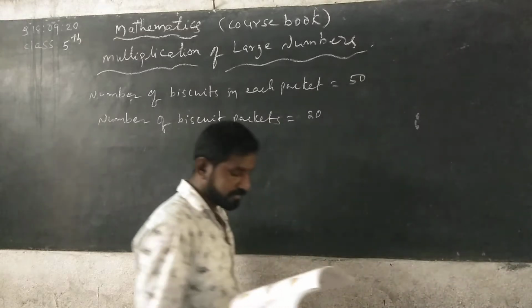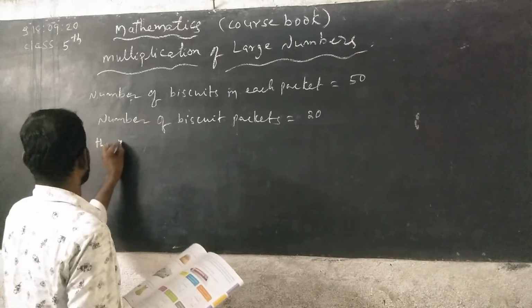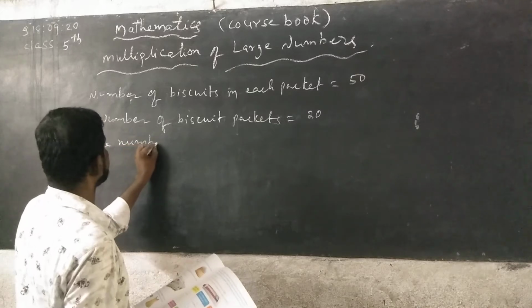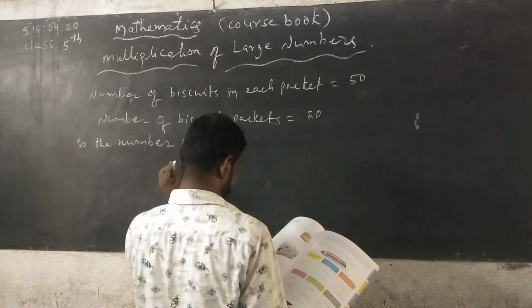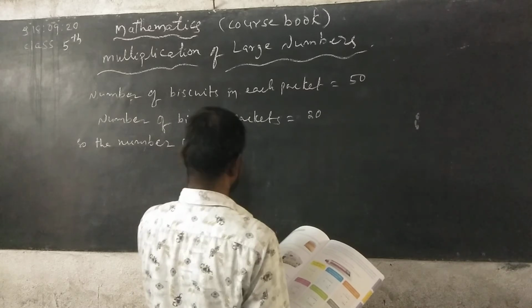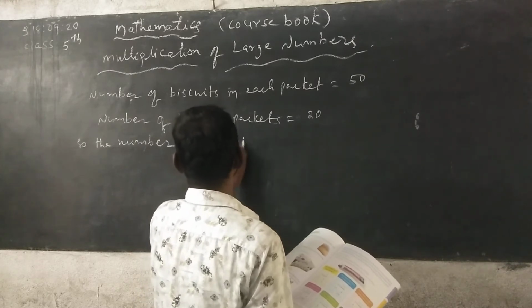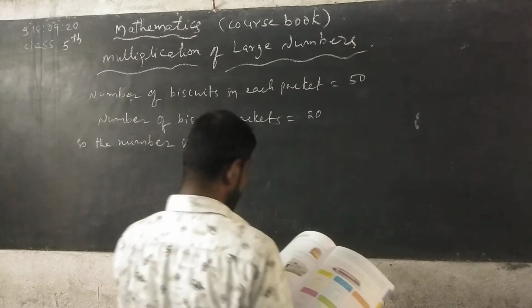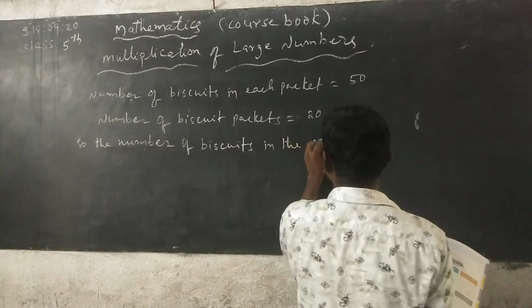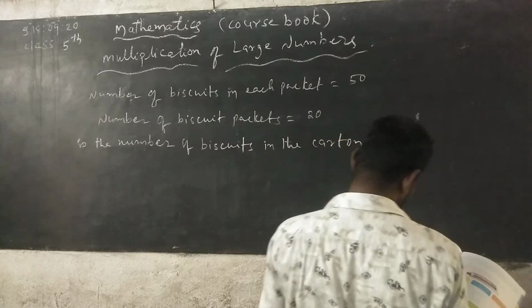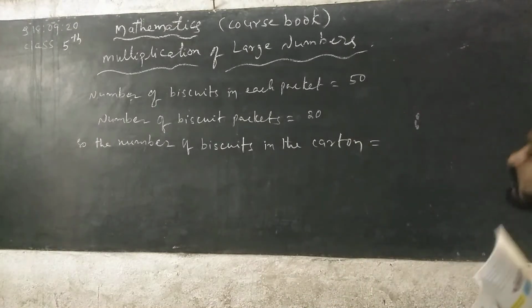The total number of biscuits. So the number of biscuits in the carton is equal to 50 into 20, or 20 into 50.